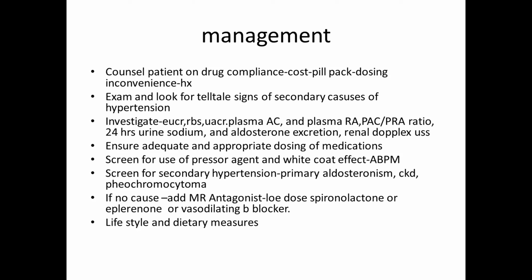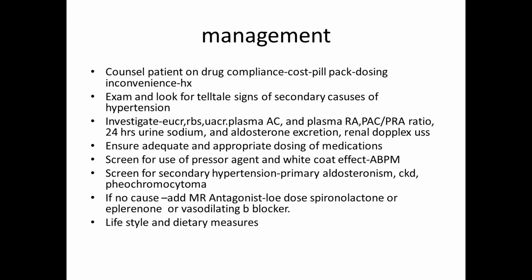You also want to ensure adequate and appropriate dosing of medications as your own part of it. And then, of course, the patient also is compliant with that. You want to screen for use of pressor agents and white coat effect. So for use of pressors, you look at what other drugs the patient is taking along with the antihypertensive that may be counteracting or causing a drug-drug interaction. And white coat effect, ambulatory BP measurement should be able to help you make a diagnosis of that.